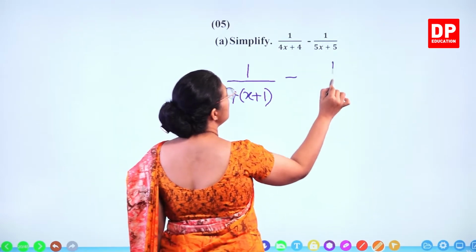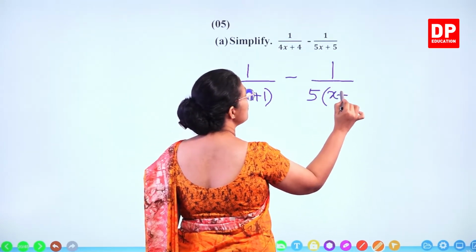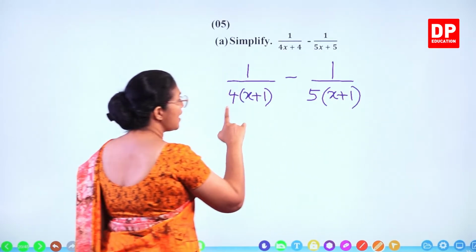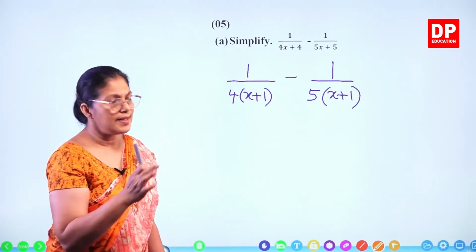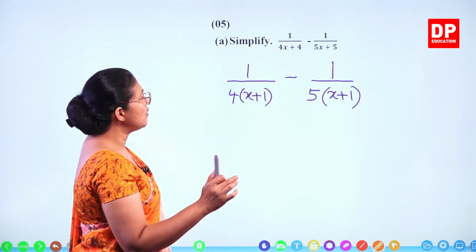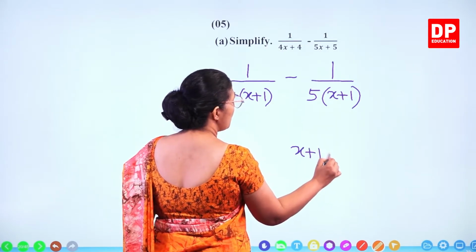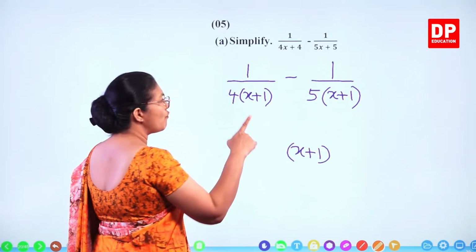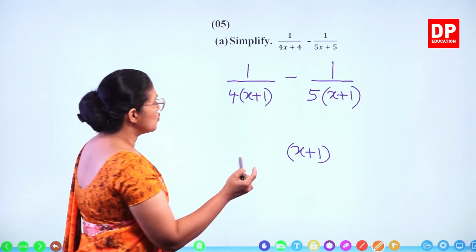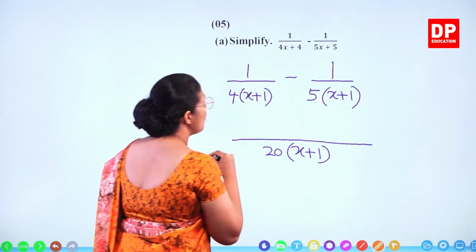And in this one, you can see 5 is common. Take it out, you get x plus 1. Then we can clearly see x plus 1 is a factor for both. So what is the lowest common multiple of x plus 1 and x plus 1? That's x plus 1. And what about the lowest common multiple of 4 and 5? That's 20. So 20(x plus 1) is the common denominator.